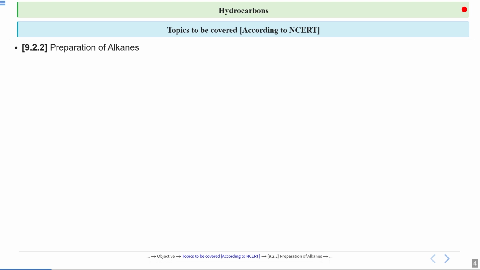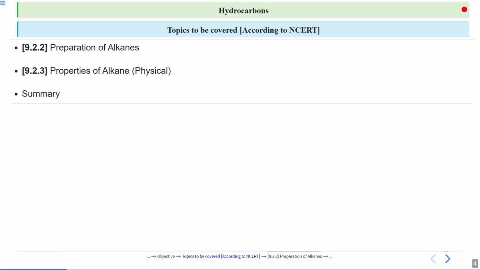Now, the specific names of the NCERT sections are 9.2.2, which is preparation of alkanes, then the 9.2.3 section, which is properties of alkanes, specifically the physical properties. After that, we will summarize today's lecture with a short note.